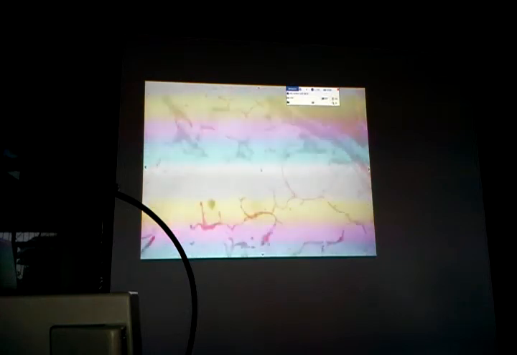Markedly dilated. The diagnosis of this slide should be emphysema. How will you describe the lungs in emphysema? Collapsed or hyperinflated? Hyperinflated. What is the mechanism behind the development of hyperinflation?